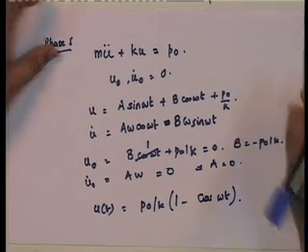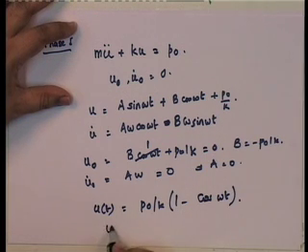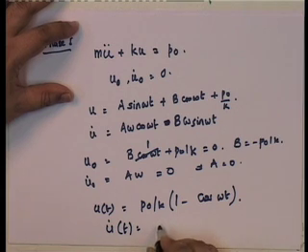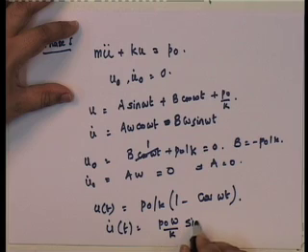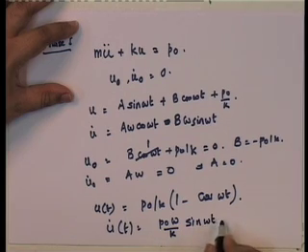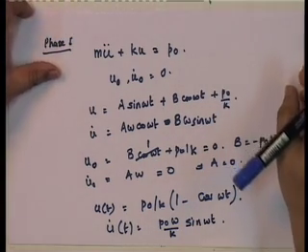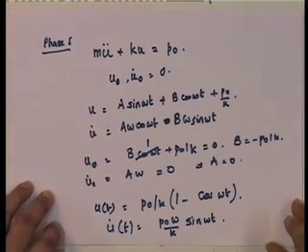So, this is the solution of the problem. And again, there is a reason why I am writing down u dot of t, and this is equal to P naught omega upon k into sin omega t. Okay. So, this is the solution.